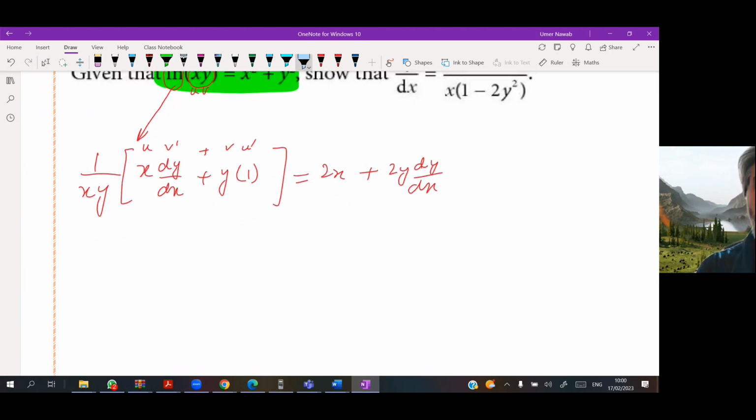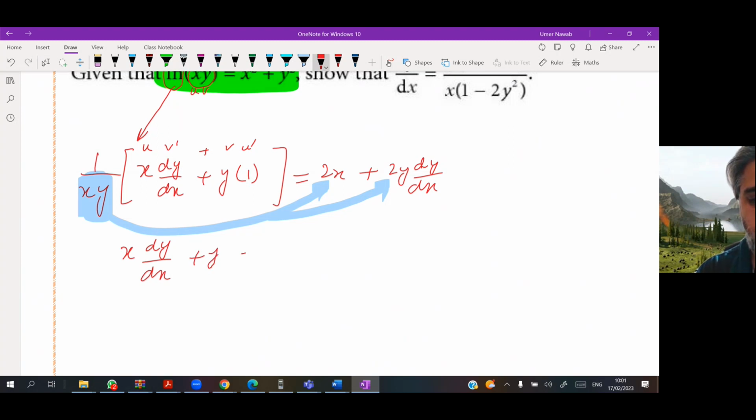Will you allow me to send this dy by dx to the other side and multiply with them? So I'm left with x dy by dx plus y, and 2x becomes 2x squared y because xy is multiplying with it, and this becomes 2y squared along with x dy by dx.